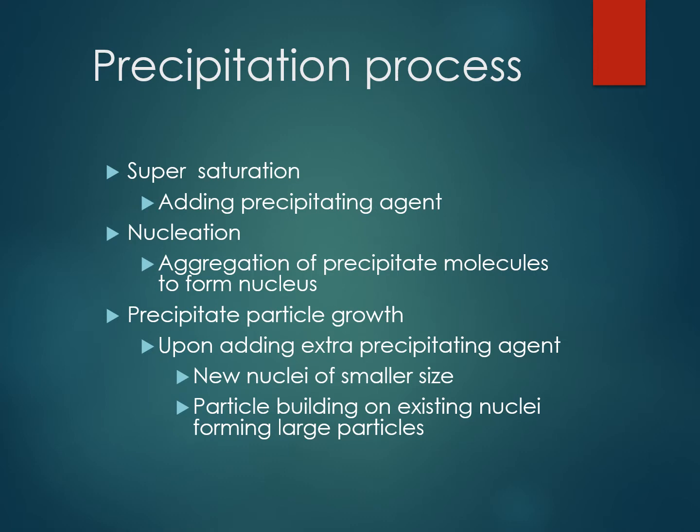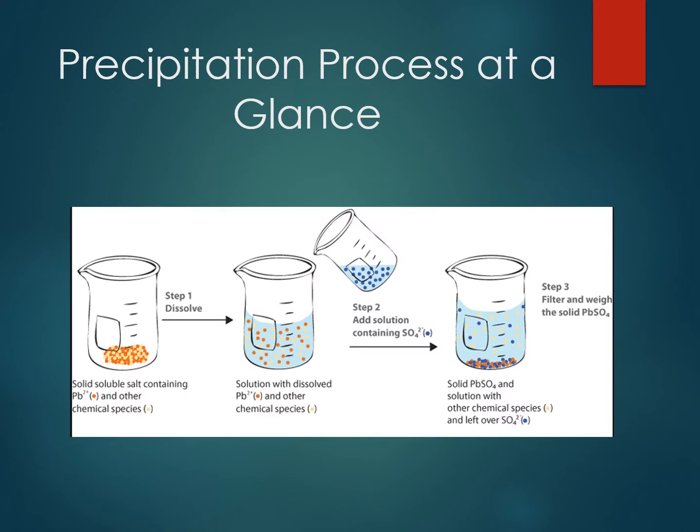Then addition of one extra drop of precipitating agent at this point leads to formation of either new nuclei with smaller particle size, or smaller particles build on the existing nuclei to form larger particles. Either of these processes takes place, thereby resulting in particle growth.